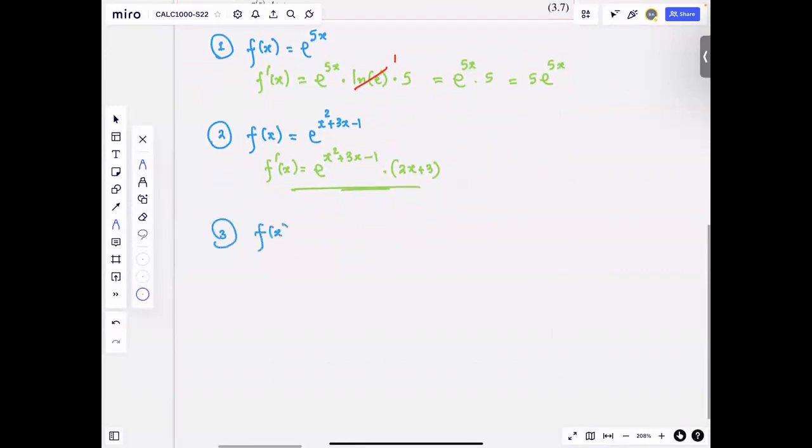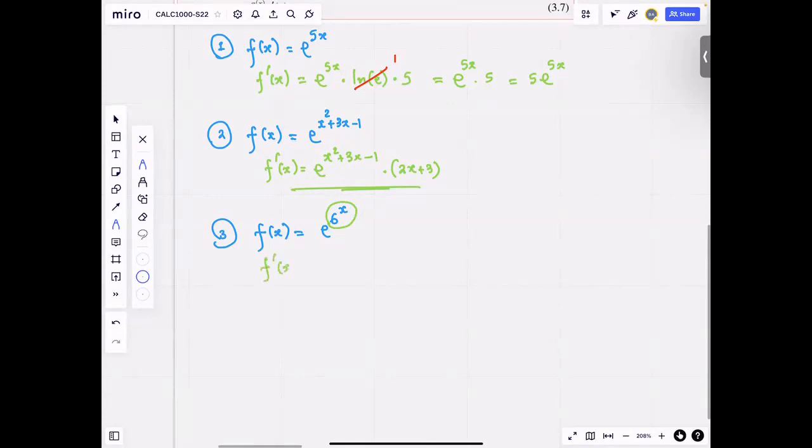What if the question was f of x is equal to e to the power of 6 to the power of x, like that? There's a lot of powers going on there, but at the end of the day, there is an e to the power of some function. So we're going to use the rule for the derivative of an exponential function that has an e.